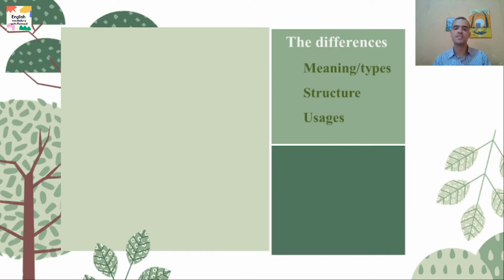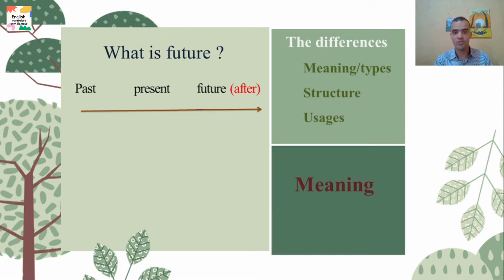And in this episode, we will talk about the differences in terms of meaning, types, structure, and usages. And first, we will start with meaning. So, what is future? And of course, we have to use a timeline to make it easier for us. So, we have past, that is before, and we have present, that is now, which is in the middle, and we have future.